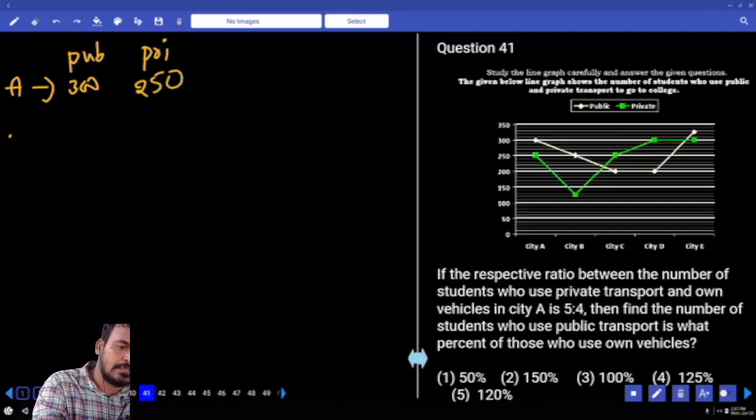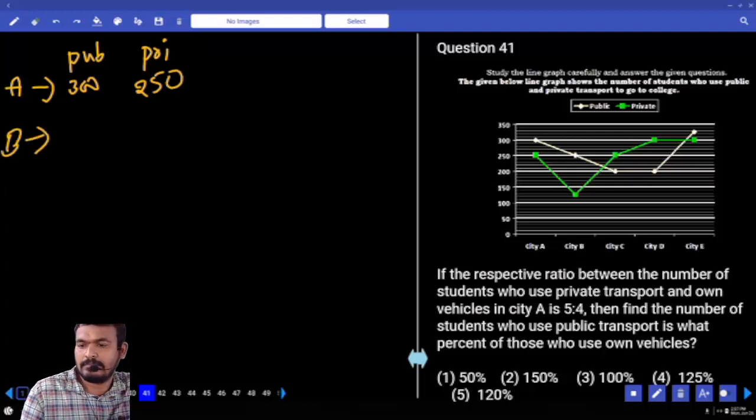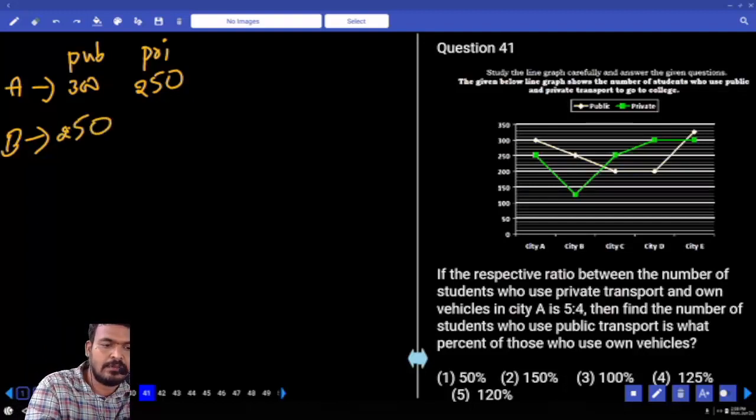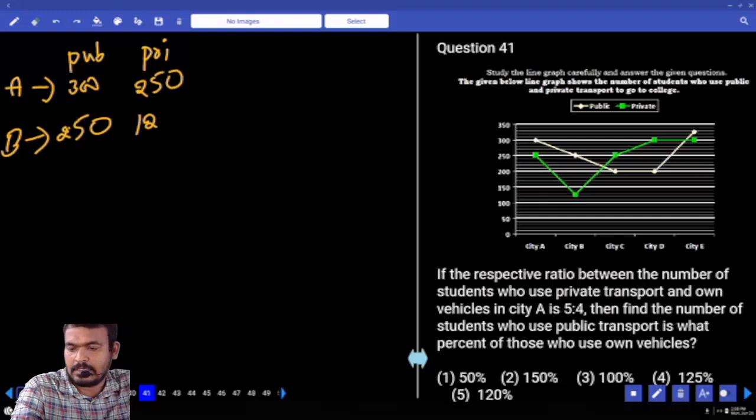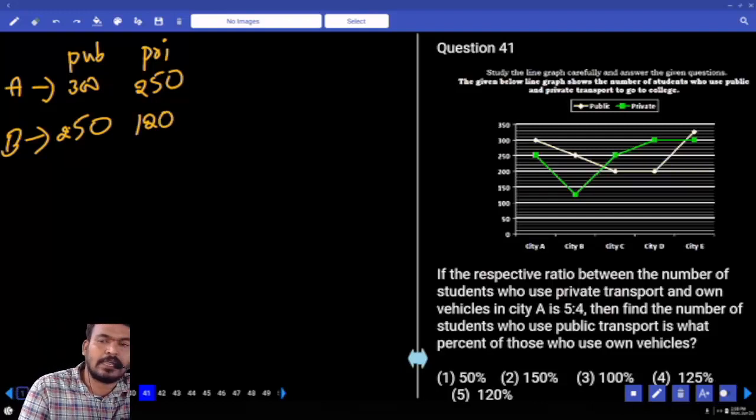Next, city B public value, 250. Next, private value, 120. Every line is counted as 10.